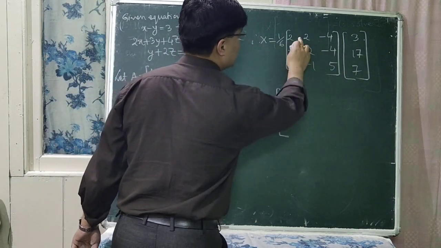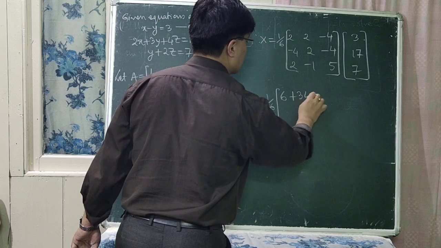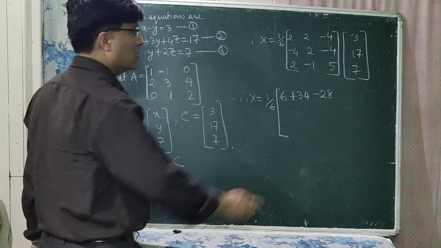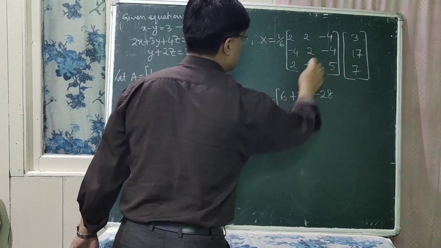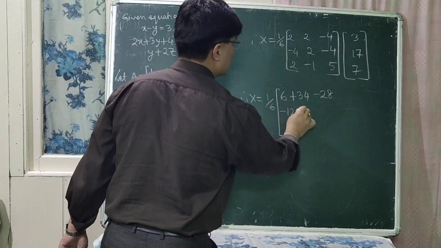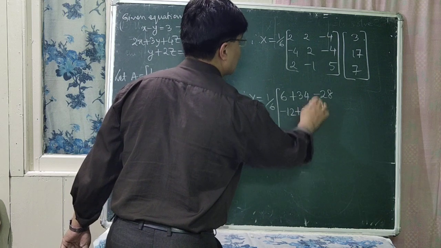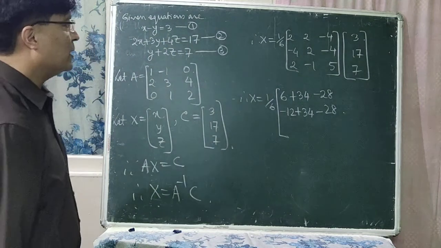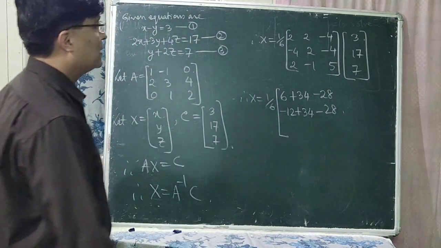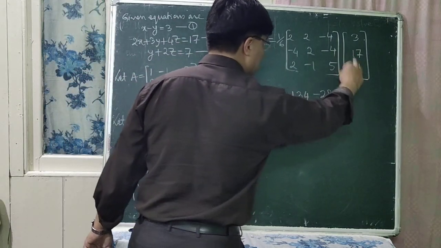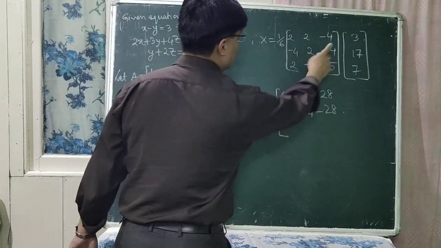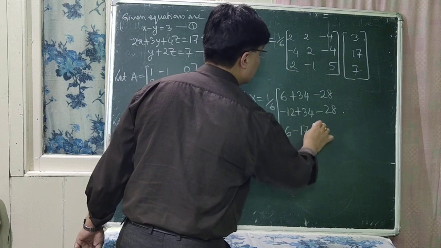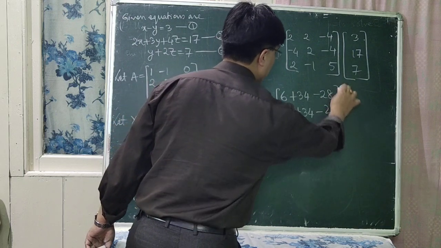So 3 2s are 6, plus 7 2s are 34, minus 28. Again, second row by first column: minus 4 into 3, minus 12, plus 7 2s are 34, minus 28. Next one is third row by first column: 3 2s are 6, minus 17, plus 7 5s are 35.